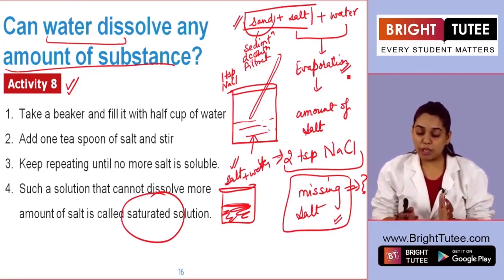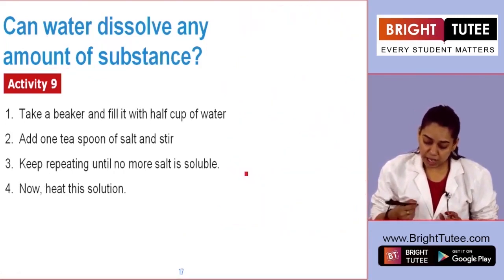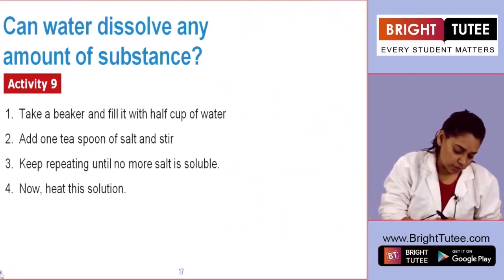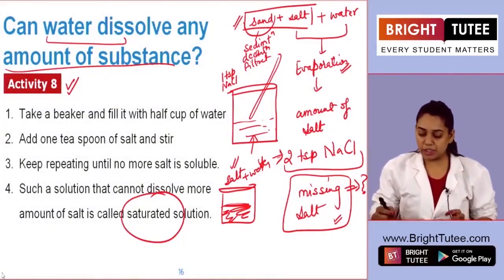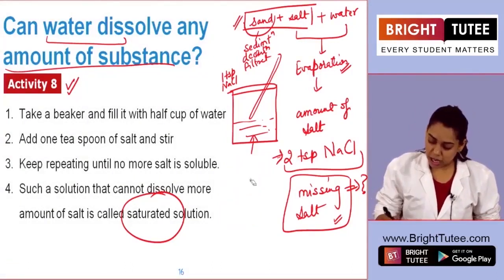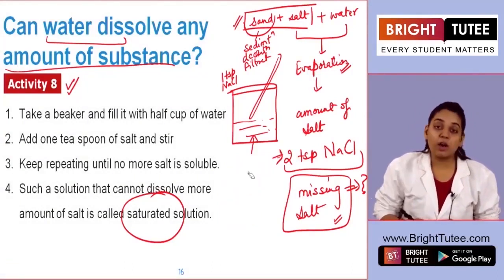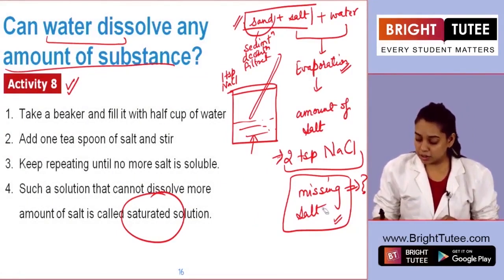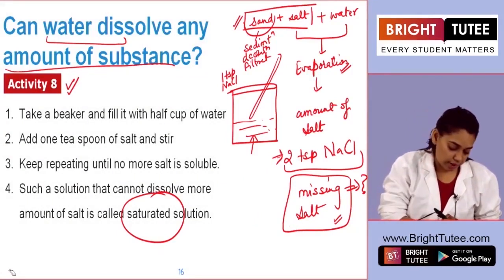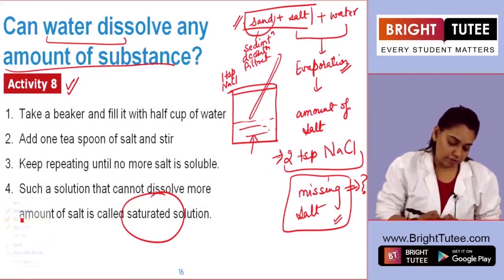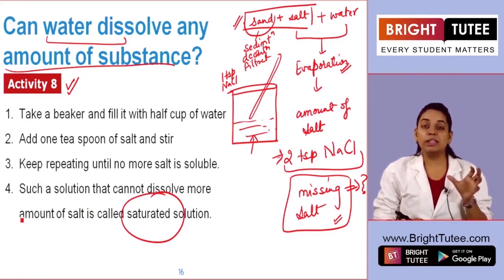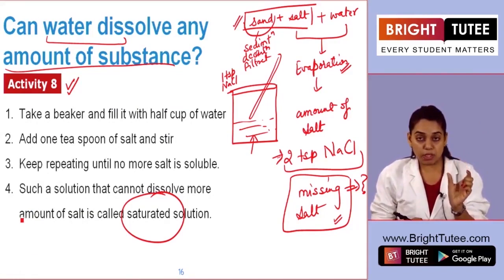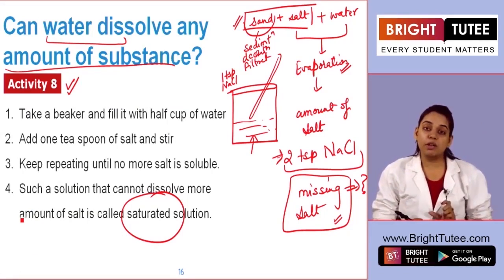I hope that you have understood. I will repeat it once more so that you understand this properly. Our question was the mystery of the missing salt, that is, how much salt was recovered by Paheli after evaporation. Only that amount of salt was recovered that the water was able to dissolve in it.